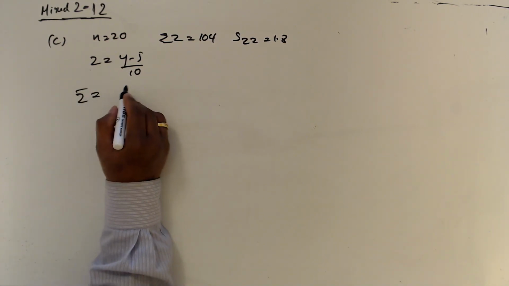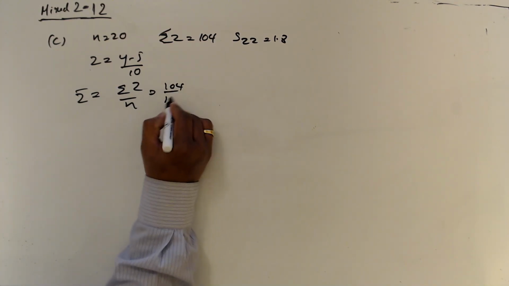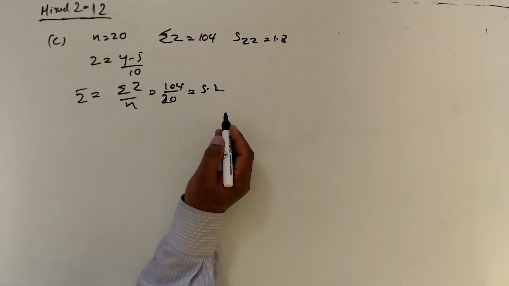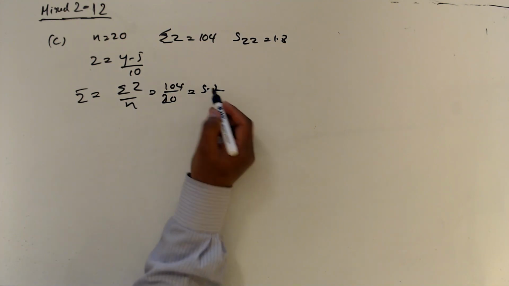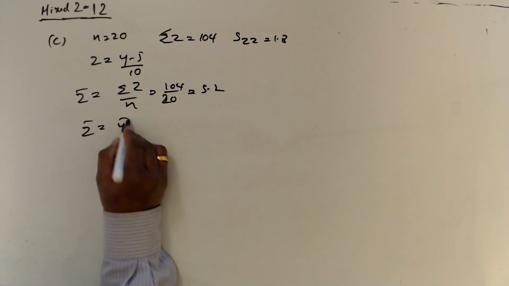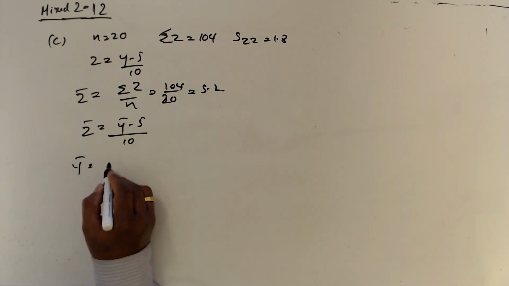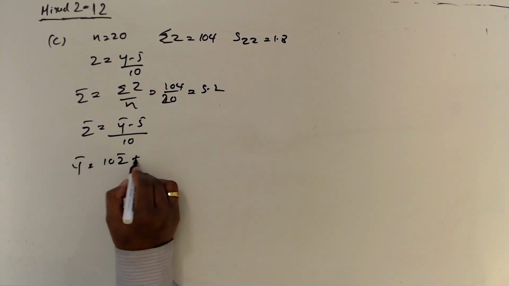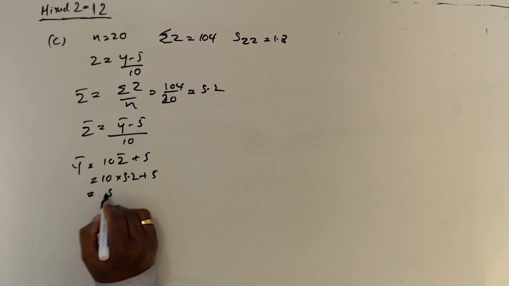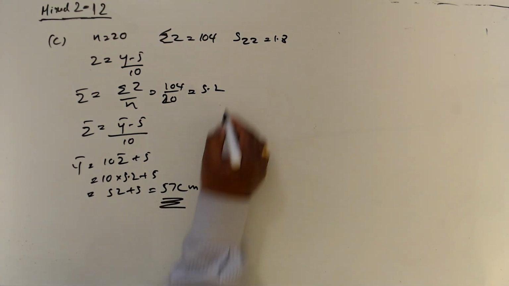Z bar, the mean, summation z over n, 104 over 20, that is going to be 5.2, and the mean, so z bar equals y bar minus 5 over 10, so y bar equals 10z plus 5, so 10 times 5.2 is 52 plus 5, this is going to be 57 centimeters.